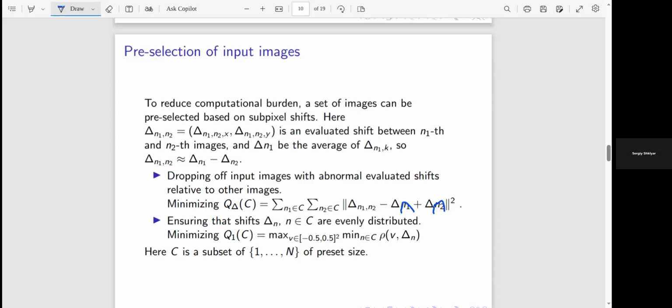The second: if we consider all shifts between images and the common grid, we try to choose a subsample of all images such that the fractional parts of the coordinates form some net on the torus.